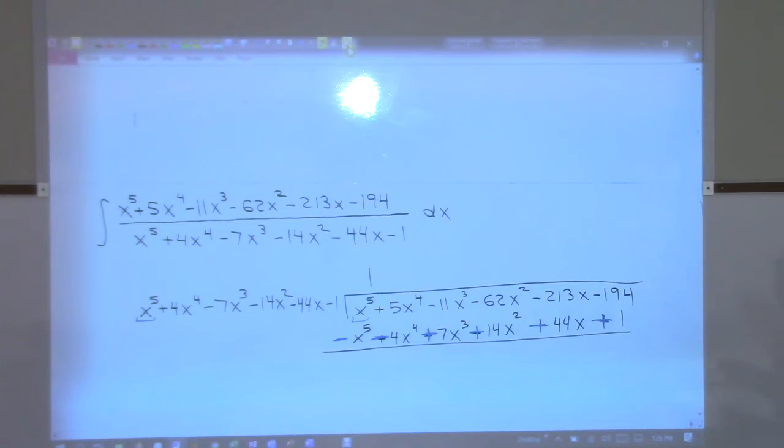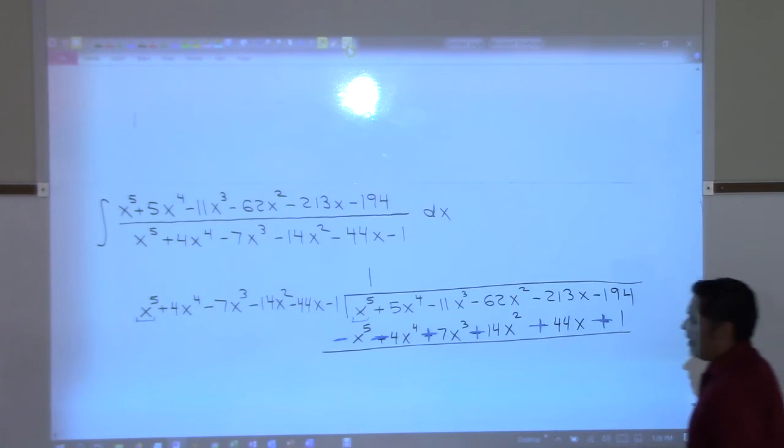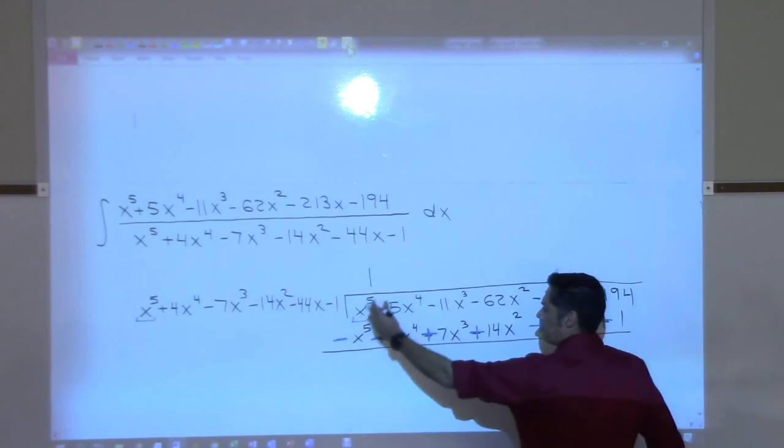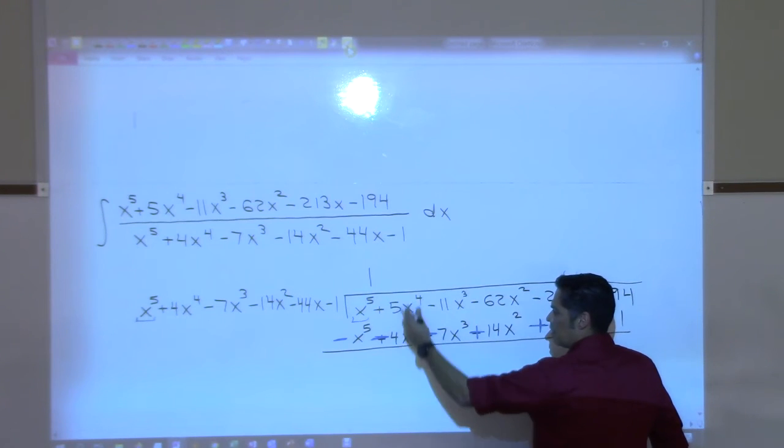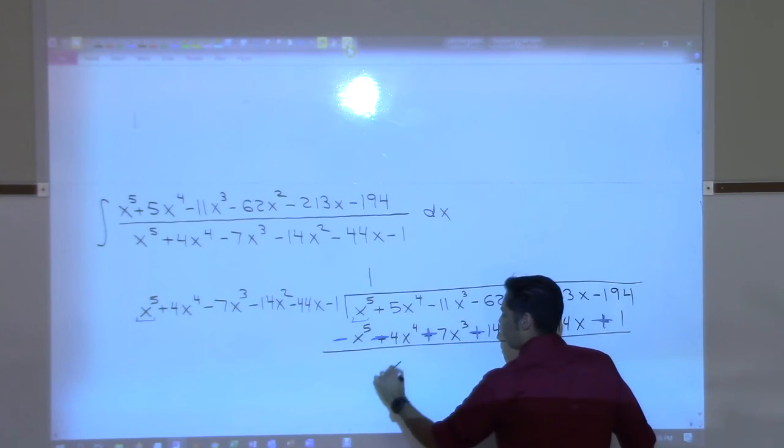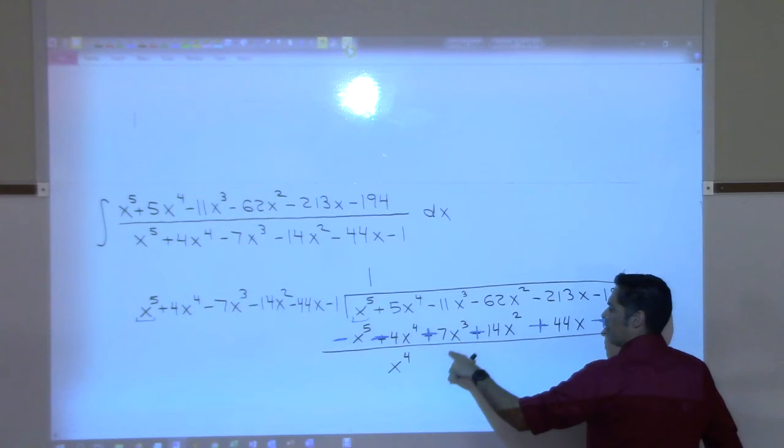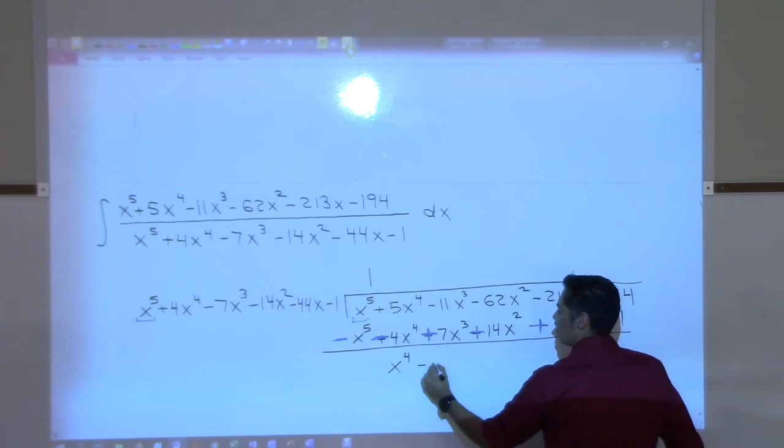Before we get too far, let me make sure I copied it down right, because one little typo in this and we are going to be stuck. Okay, looks right. Add down. What do we got? Nothing. Just x to the 4th minus 4x cubed.